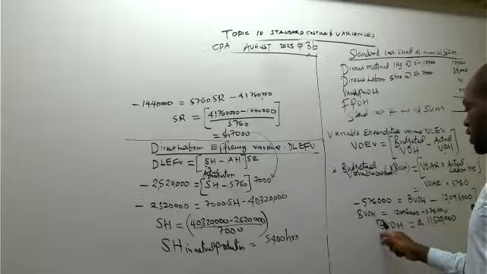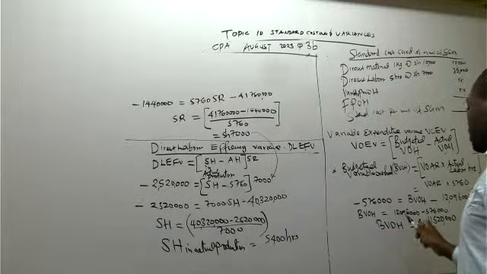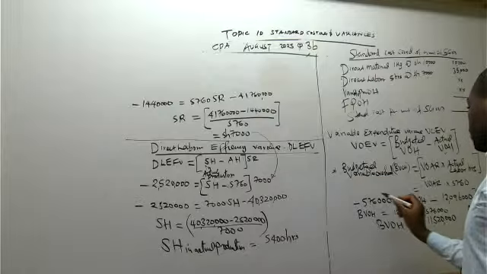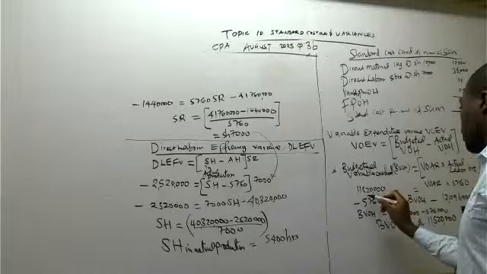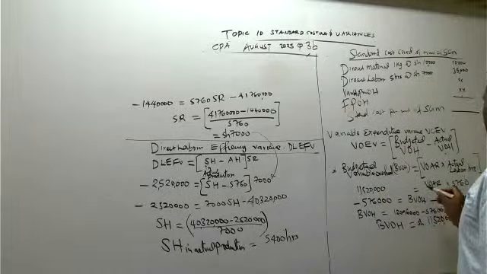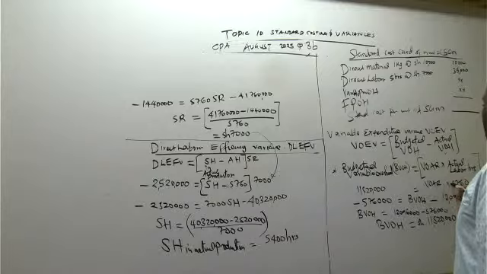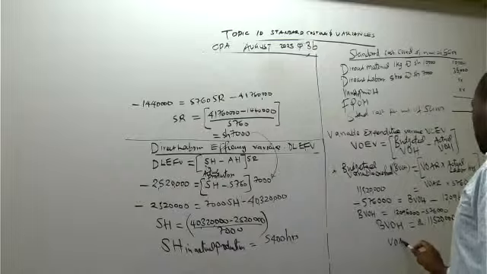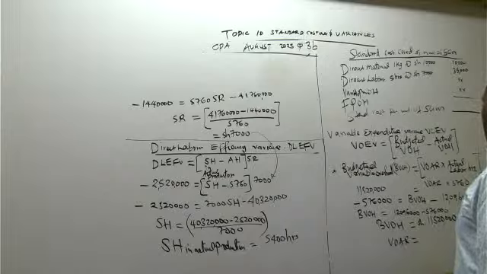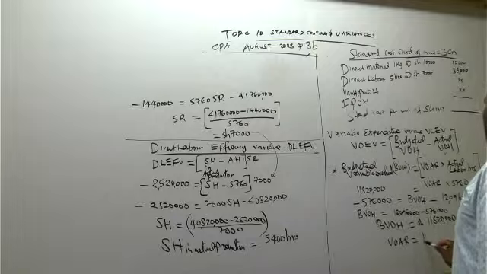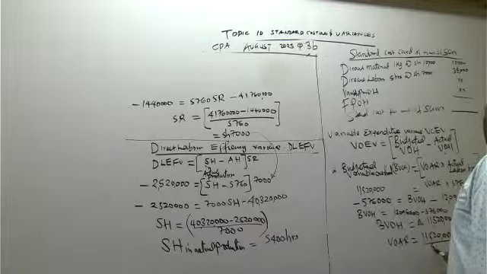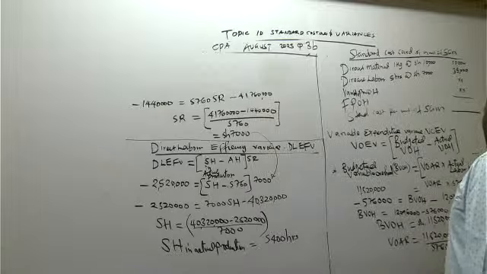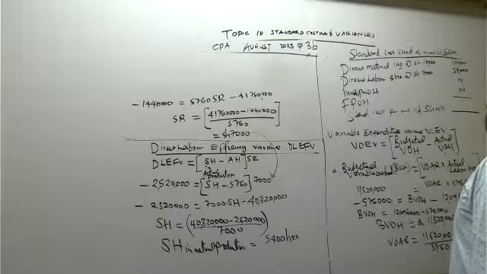That's why we follow the other procedure to arrive at variable overhead absorption rate, the budgeted, which is 11,520,000. 11,520,000 is equal to variable overhead absorption rate times this. How do we get VOR? So variable overhead absorption rate is equivalent to 11,520 divided by 5760. Tunapata ngapi hapa?